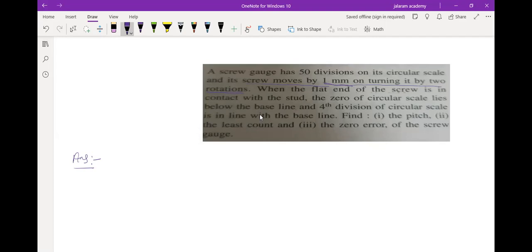So the horizontal distance traveled by the screw in 1 rotation will be 0.5 mm, or 1 by 2 mm. You have to say it step bySTEP, don't state it directly.